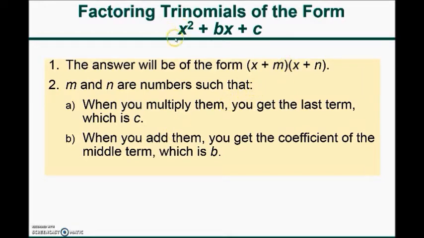You want to rewrite this trinomial as a product of two binomials, x plus m times x plus n. So what are m and n? Well, m and n are numbers such that when you multiply them, you get the last term c, and when you add m and n, you get b.